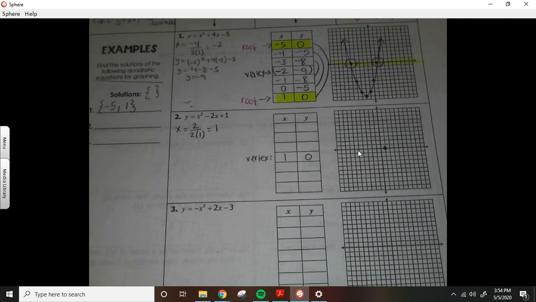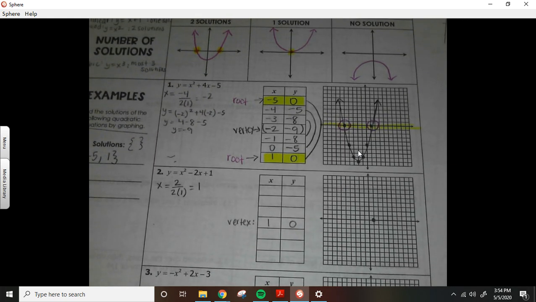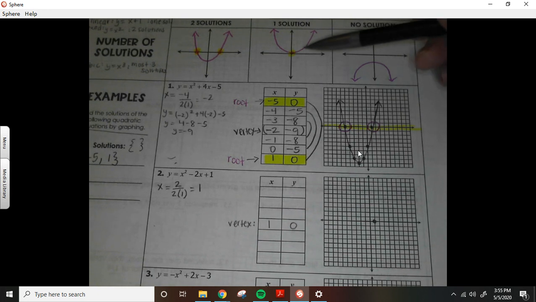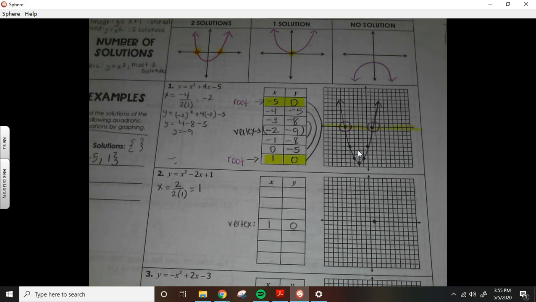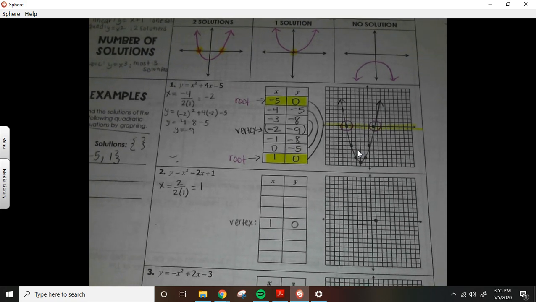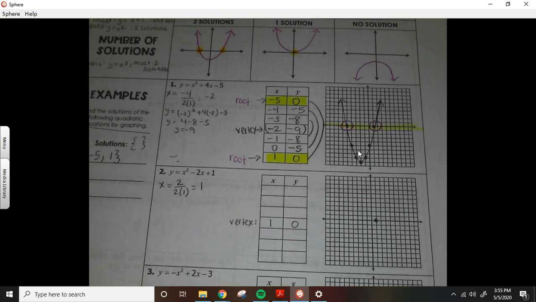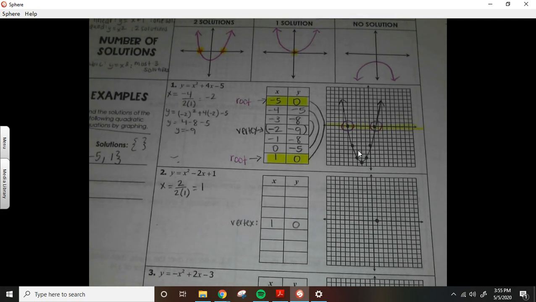Could anything possibly happen for this parabola to come back and hit another part of this vertex? Hopefully your answer is no, because when I told you over here, in order for a graph to be on the x-axis, it will have one solution, or in order for it to have one solution, the vertex only will be on the x-axis. And look, that's what we have here.